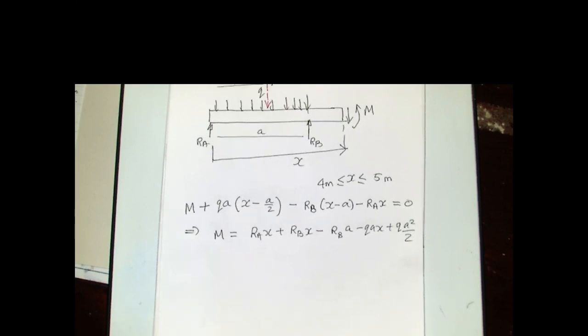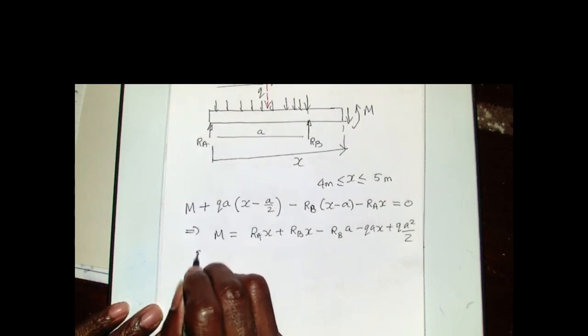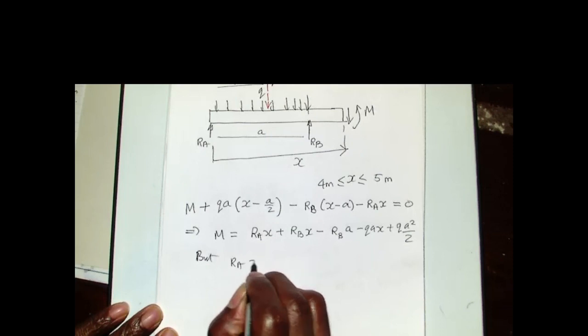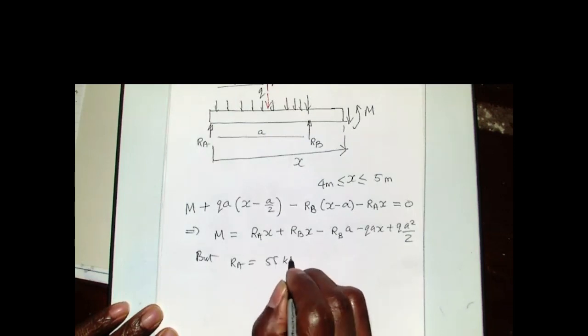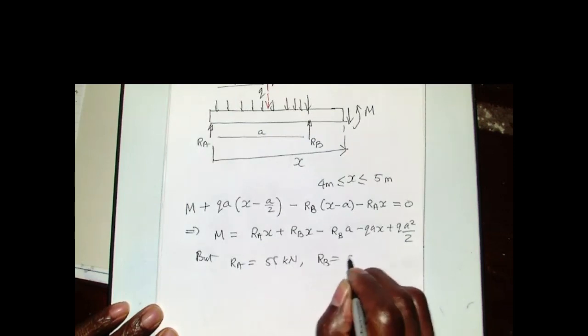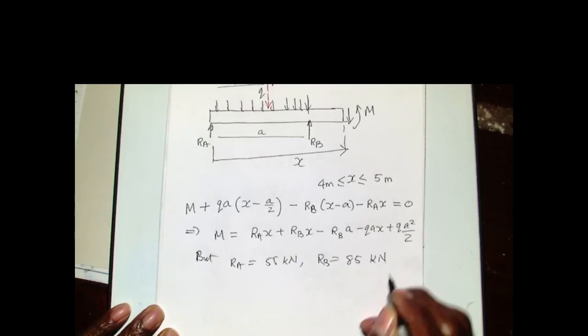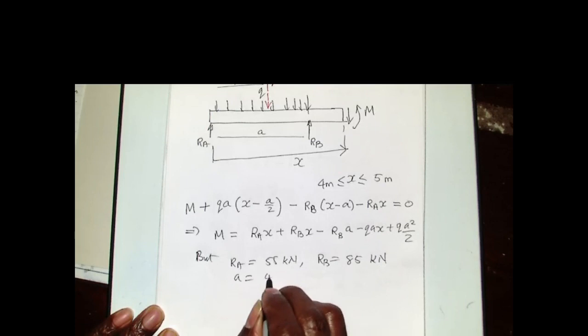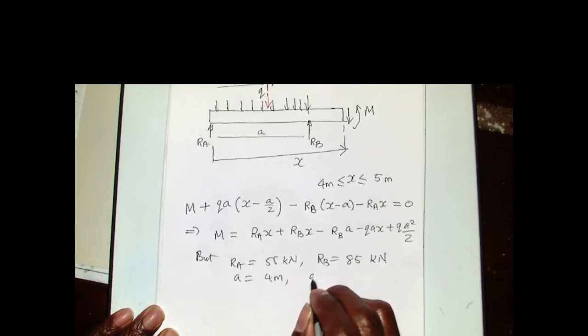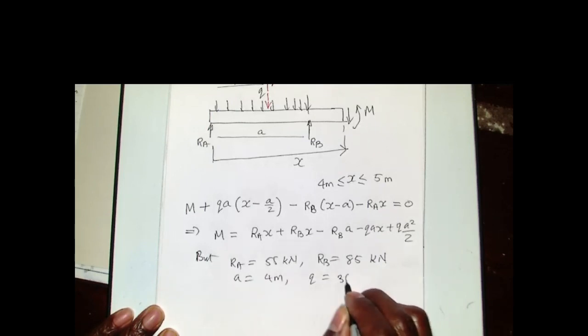So we know Q, we know RA, we know RB. Let's say RA equals 55 kilonewton, RB equals 85 kilonewton, and A equals 4 meters, and Q equals 30 kilonewton meters.